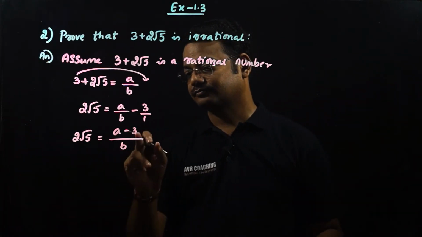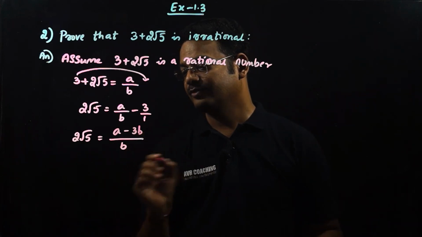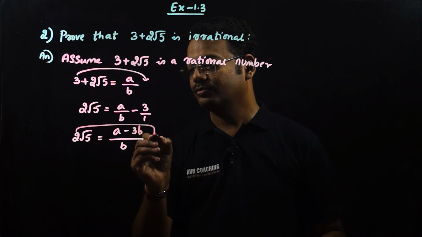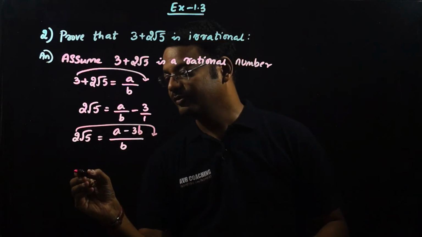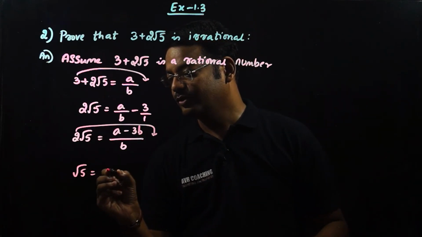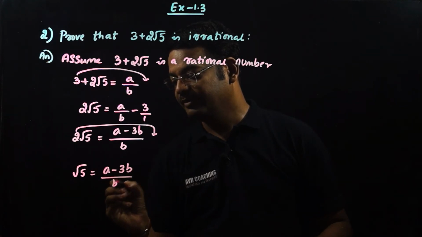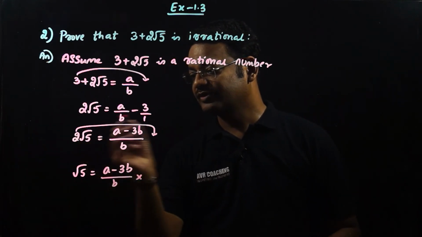Okay, now we'll take 2 to the right side, so it becomes root 5 equals (a minus 3b) by b into 2. Now 2 is coming to the other side.